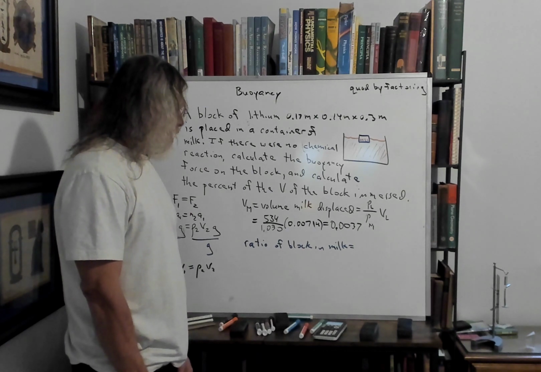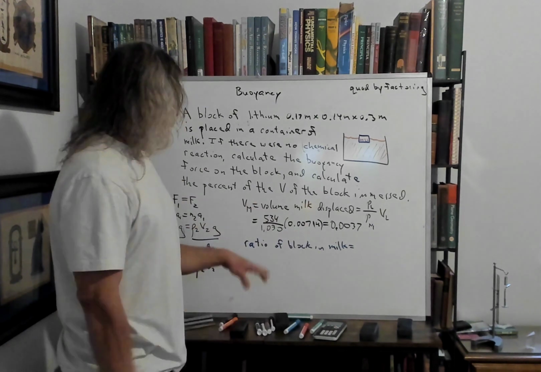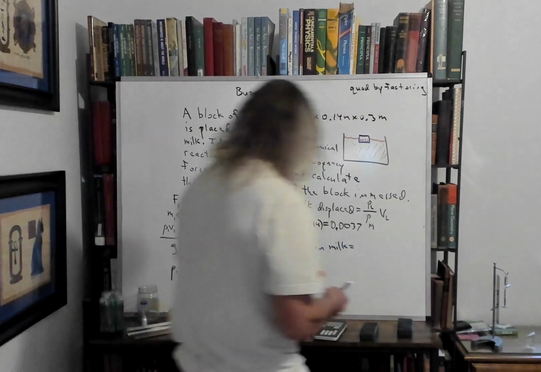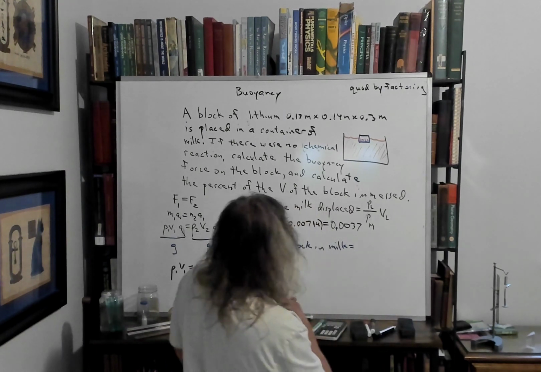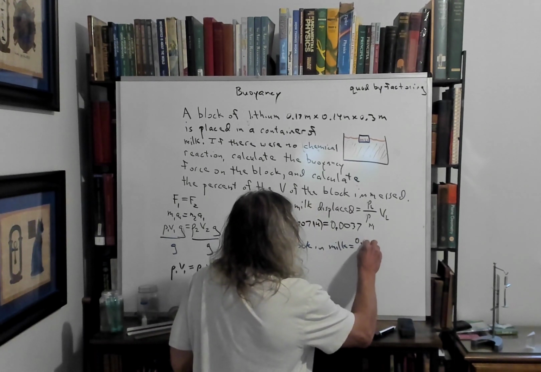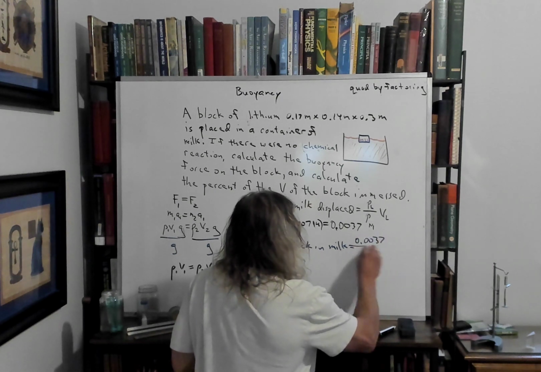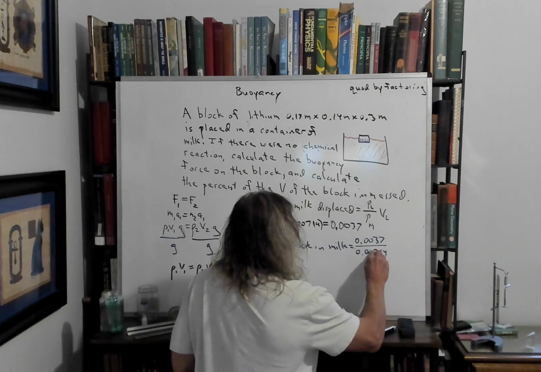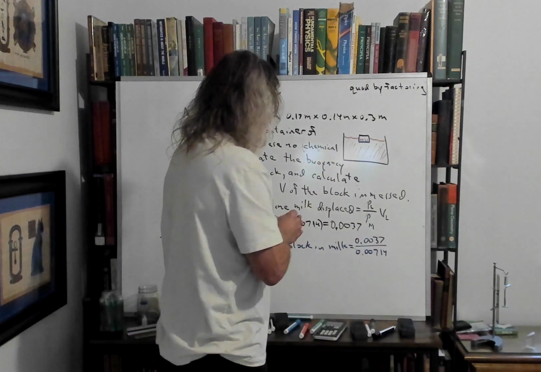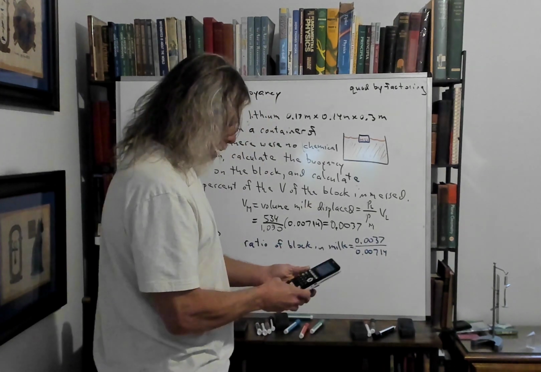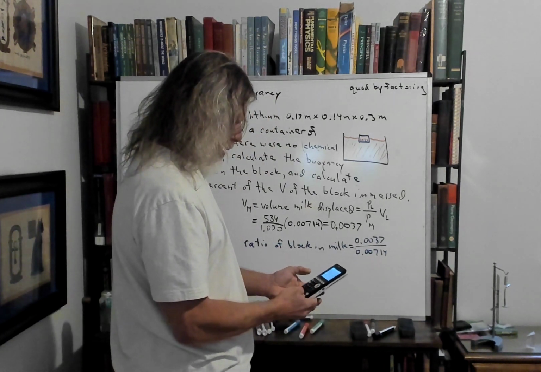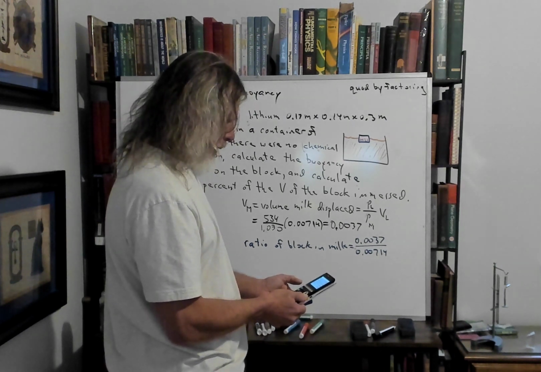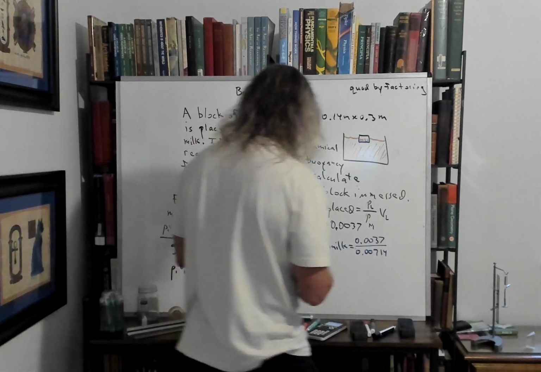And so the ratio of block in the milk would be this volume compared to the whole thing. And so we got 0.0037 over 0.00714, which is 0.518.